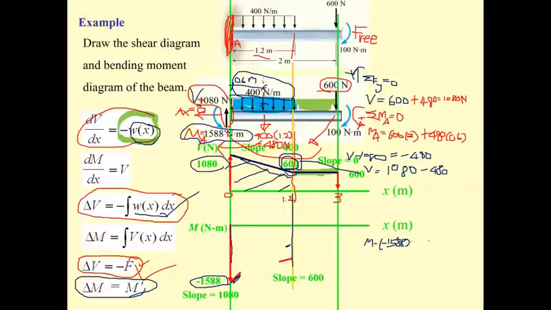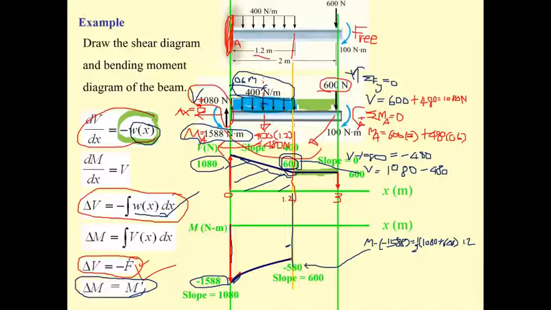So it's going to equal 1/2 of 1080 plus 600, that is 1680, and then times 1.2. And the result is going to be minus 580.